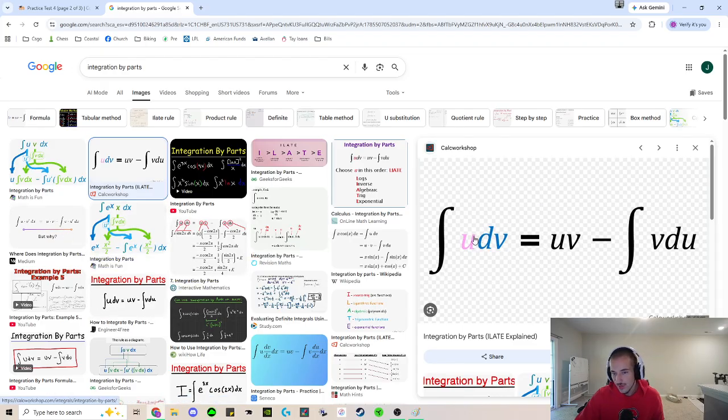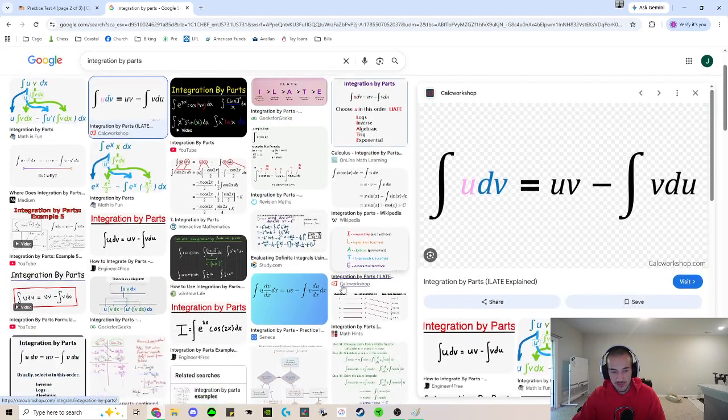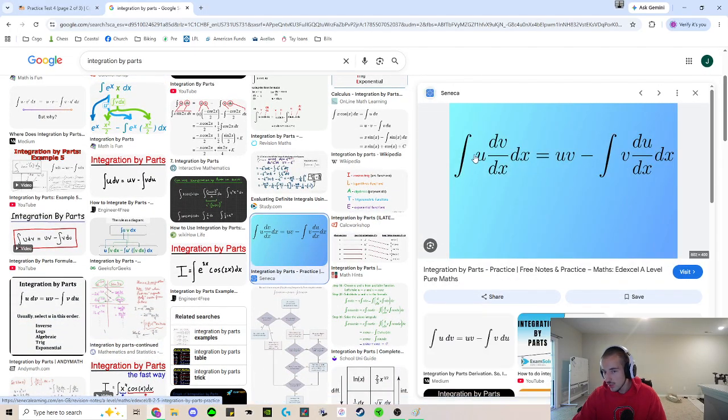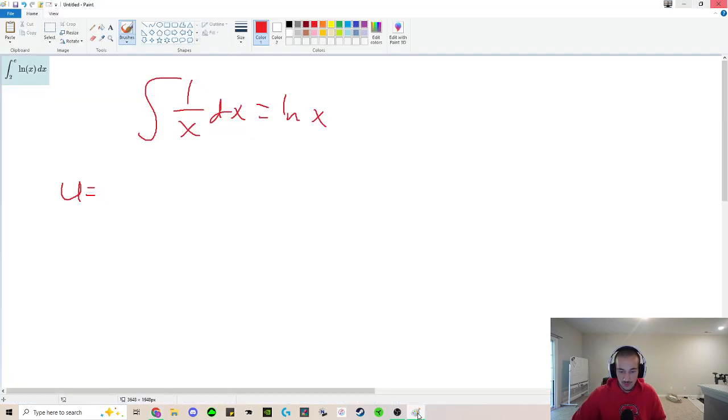Basically with integration by parts, you're going to be losing a derivative and gaining a derivative. This kind of shows it more. You've got u and you've got dv. This turns into v and du, right? So you notice how our v gains an integral and our u takes a derivative, right? So that's kind of how we want to be thinking about this.